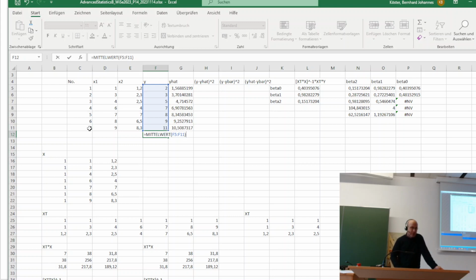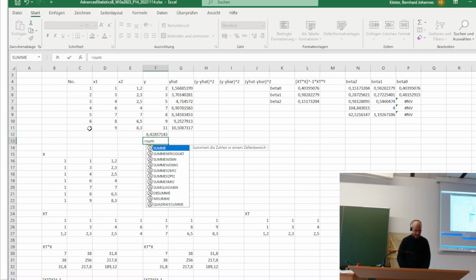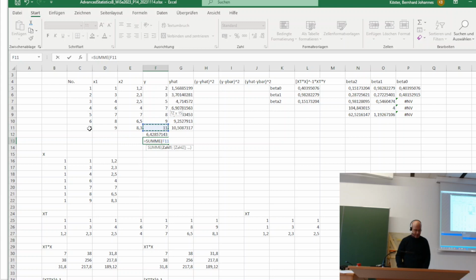If you choose the function, it is directly done, or you can do it by summing this up and dividing by the number 7, and of course we have the same number.